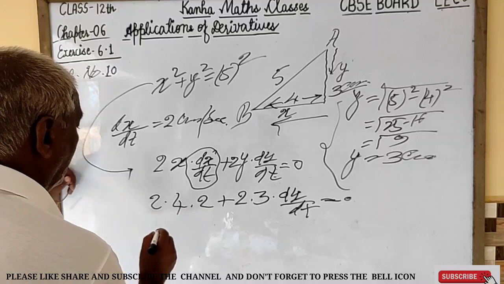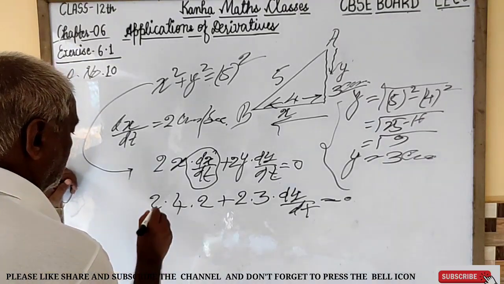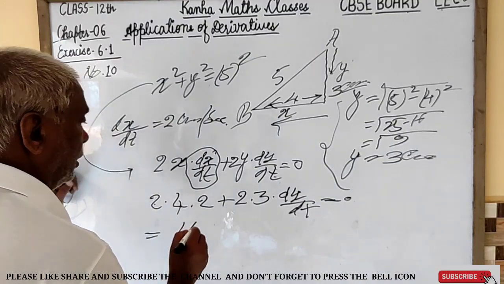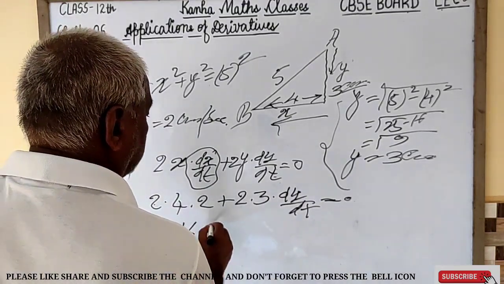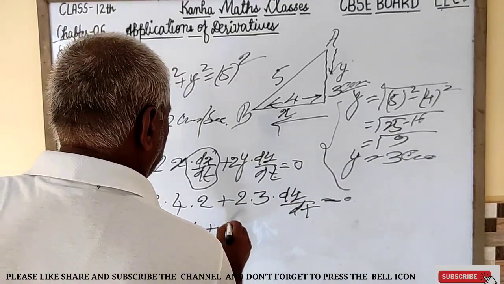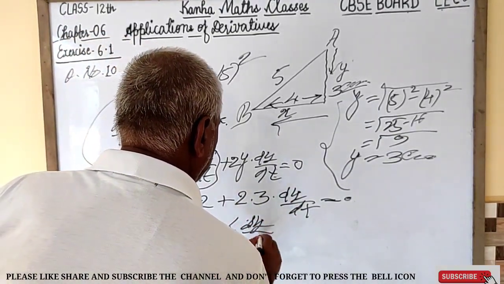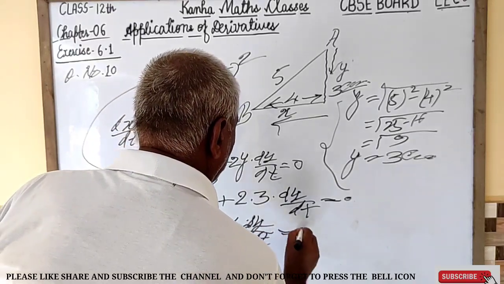Now 2 into 4 into 2 is equal to 16, plus 2 into 3 is 6, dy/dt is equal to 0.